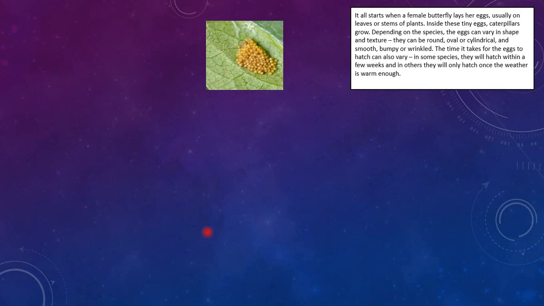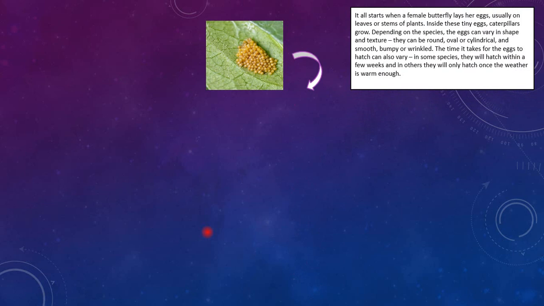They can be round, oval, or cylindrical, and smooth, bumpy, or wrinkled. The time it takes for eggs to hatch can also vary. In some species, they will hatch within a few weeks, and in others, they will only hatch once the weather is warm enough.